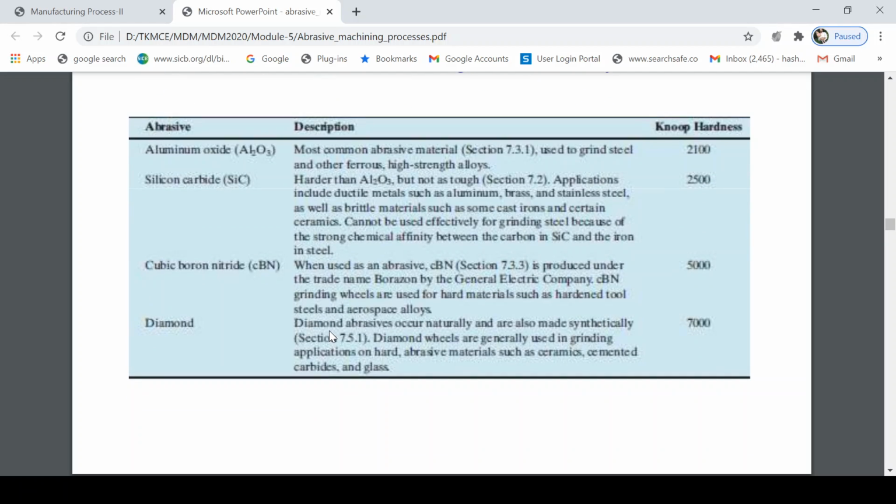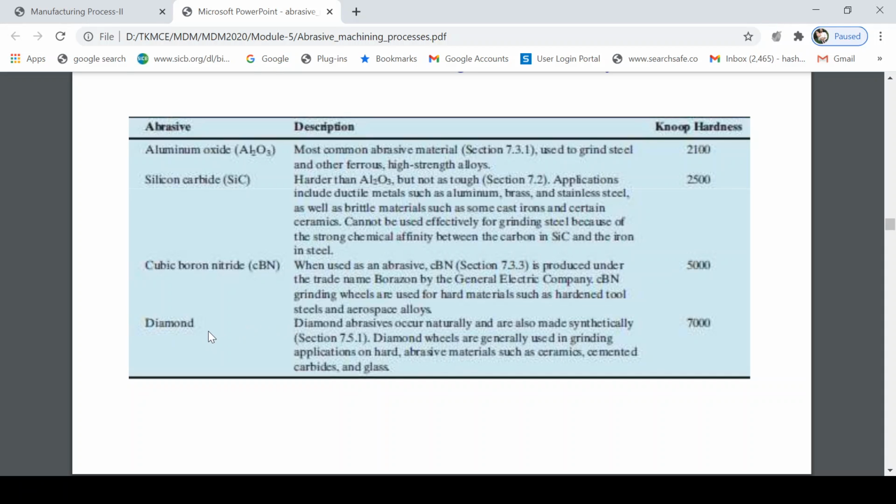Then CBN, which is harder than aluminum oxide and silicon carbide. Cubic boron nitride is produced under the trade name Borazon by the General Electric company, and CBN grinding wheels are used for hard materials such as hardened tool steels and aerospace alloys.